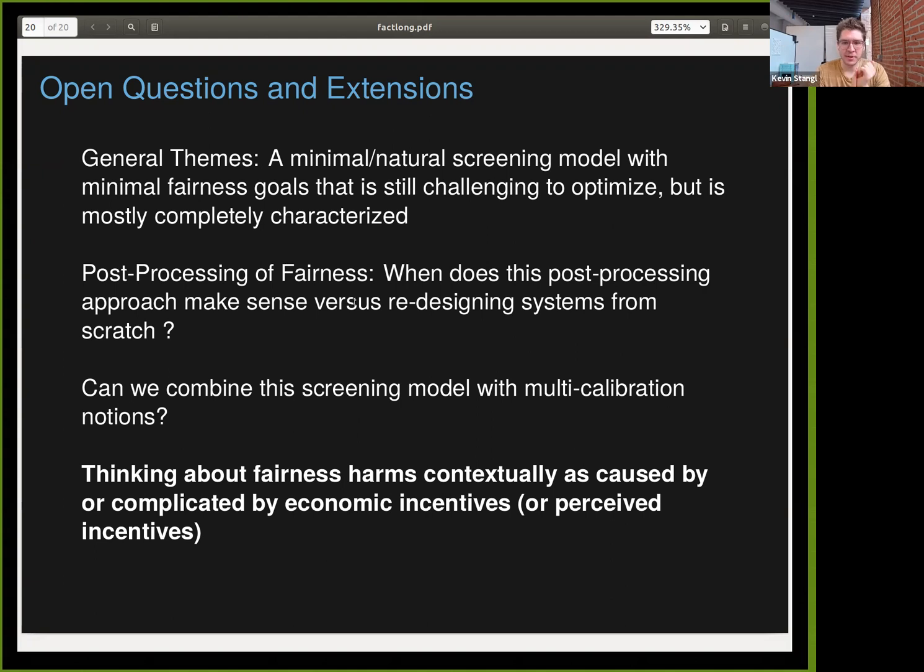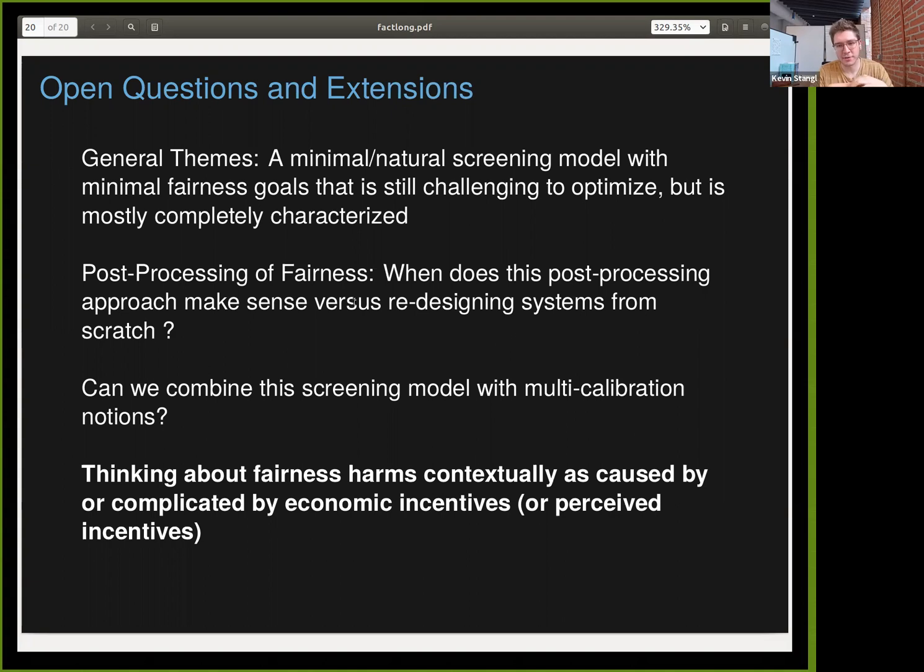And the final thing, circling back to the very beginning of the talk: a lot of our motivation was thinking about a small gap between the groups that is then amplified, or complicated, by the economic incentives of optimizing and minimizing the number of interviews needed to hire an applicant.